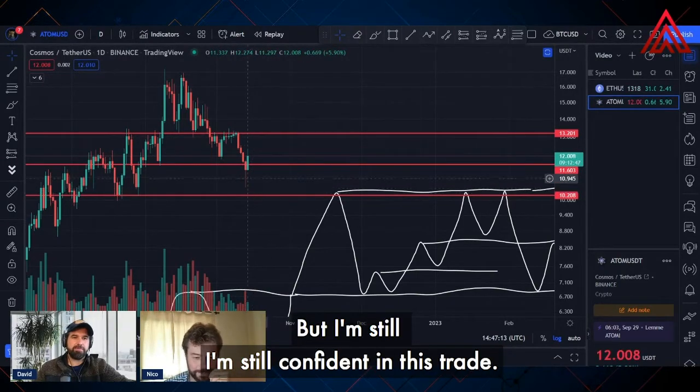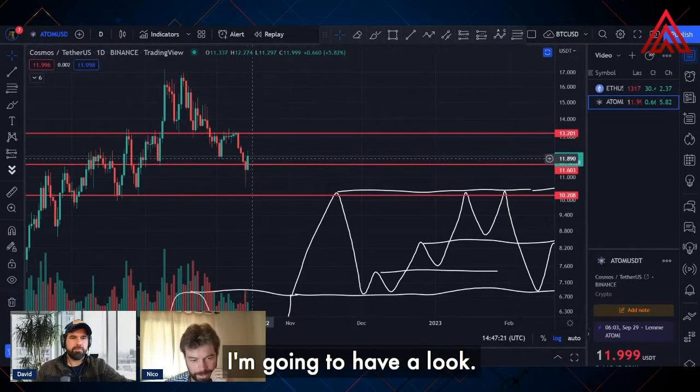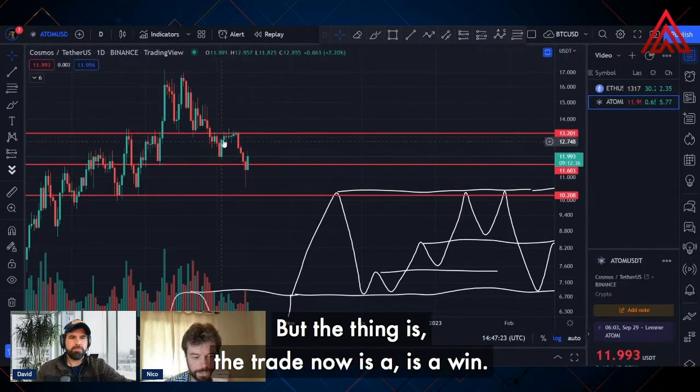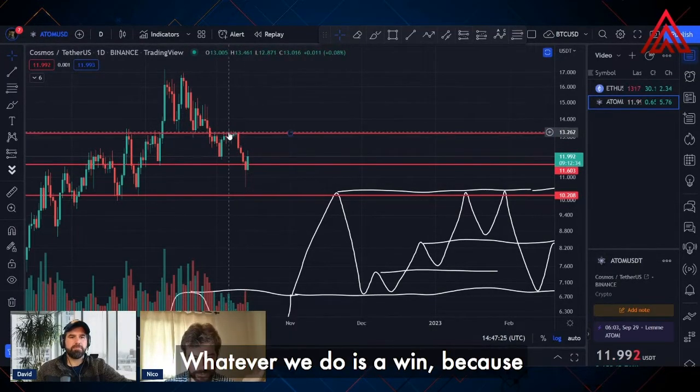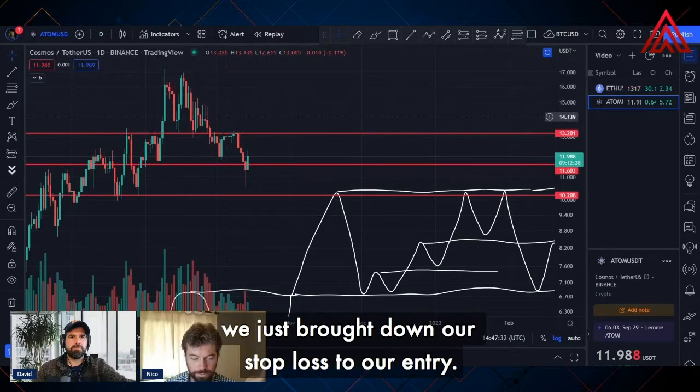But I'm still confident in this trade. At the moment, we're in a very interesting place. The thing is, the trade now is a win. Whatever we do is a win, because we just brought down our stop loss to our entry.